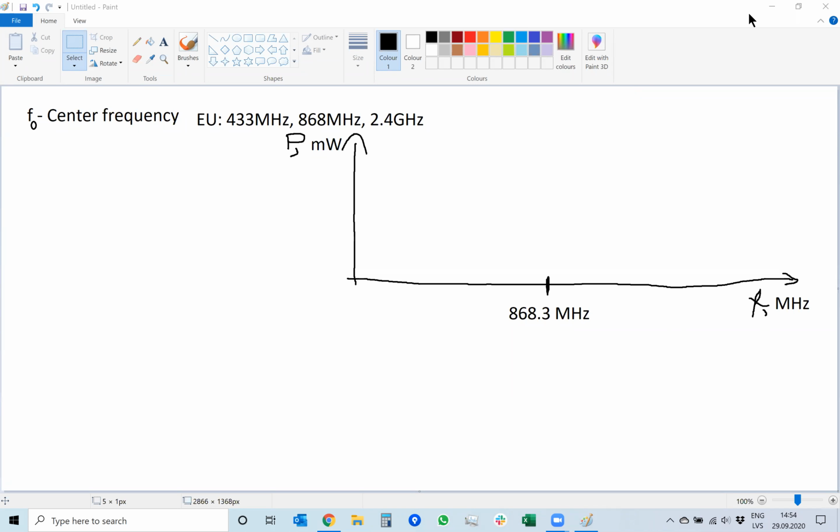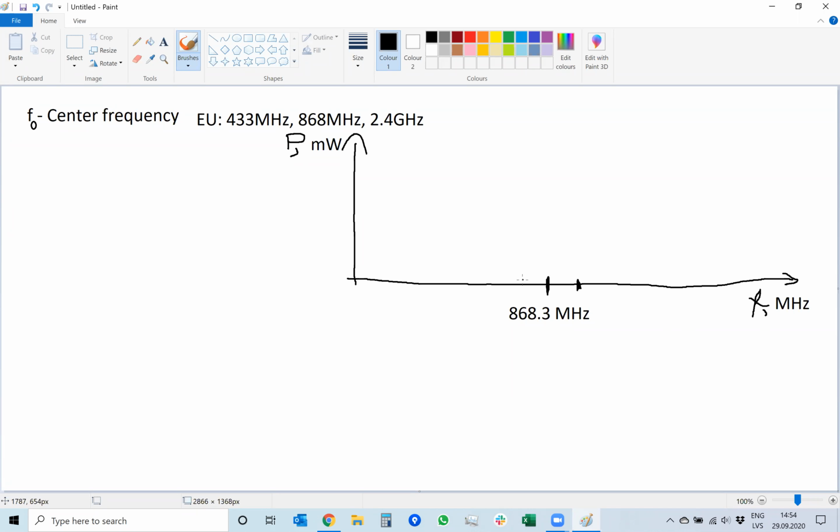So a much more popular method of modulation is frequency shift keying. So in frequency shift keying, the method is the following. If you want to send a 1, you send it not in the center frequency, but a little bit higher frequency.